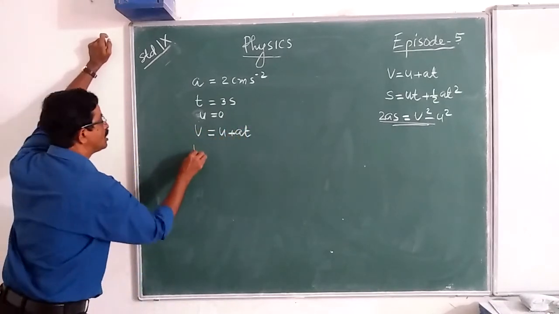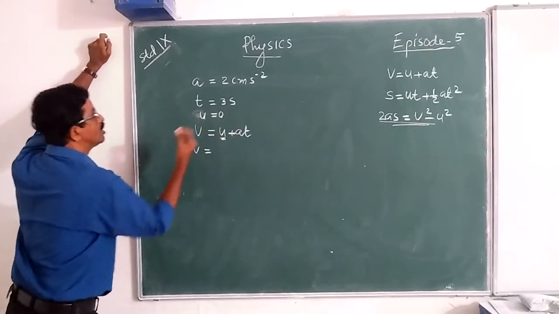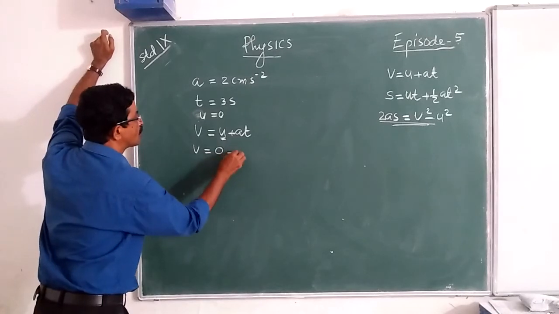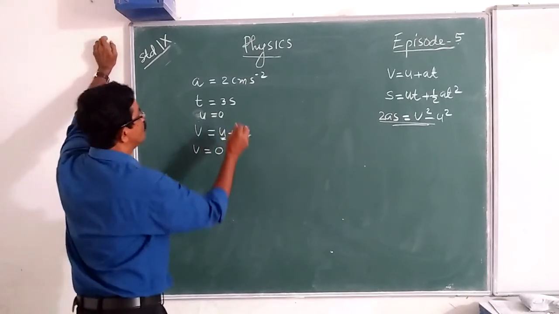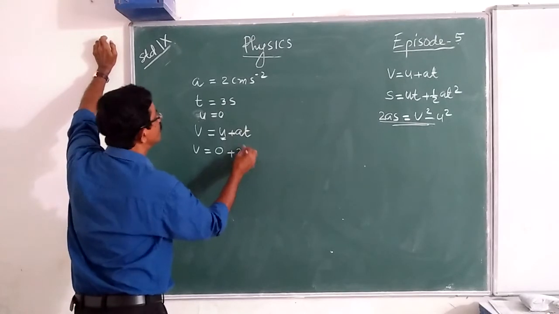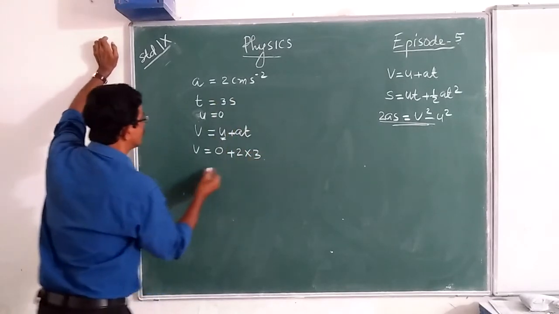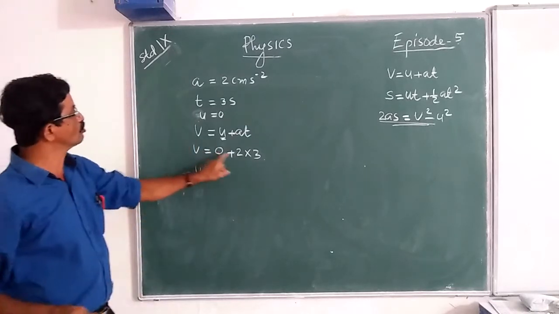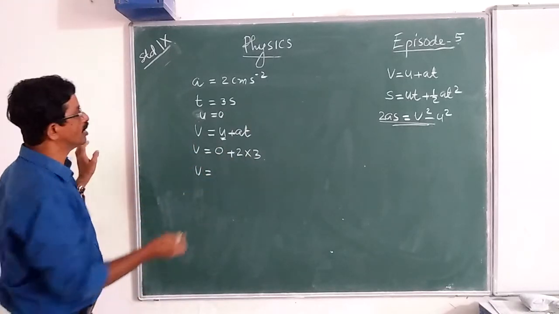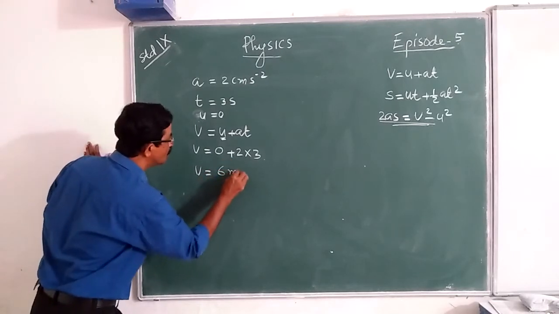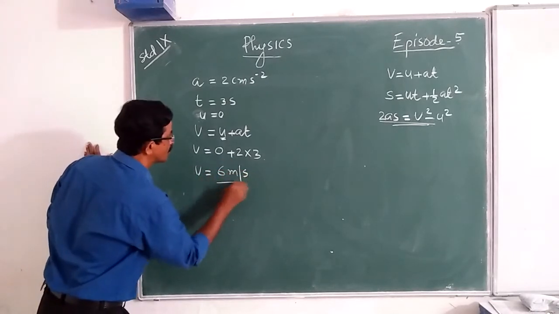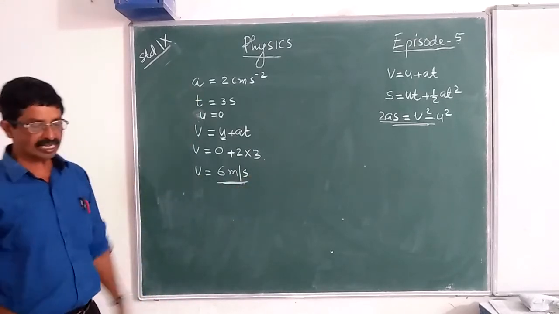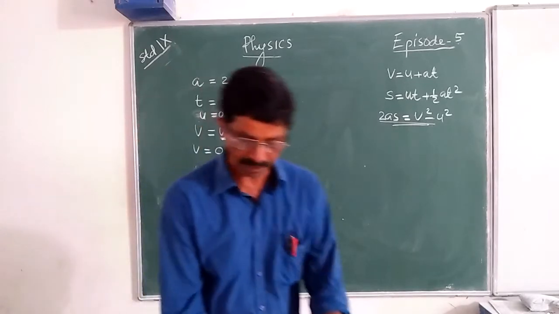It starts from rest, so its initial velocity is 0, plus a, that is 2, into time 3. That is v is equal to 0 plus, we can leave that 0. Then 2 into 3 is 6 meter per second. 6 meter per second is the speed of that trolley after 3 seconds.